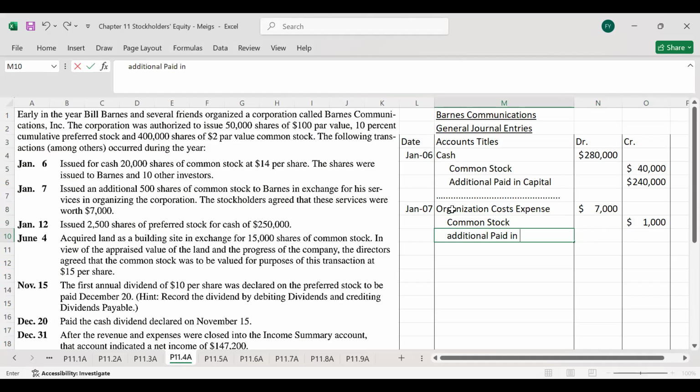Additional paid in capital, which you can say we will deduct $1,000 from $7,000. So the $6,000 represents additional paid in capital.